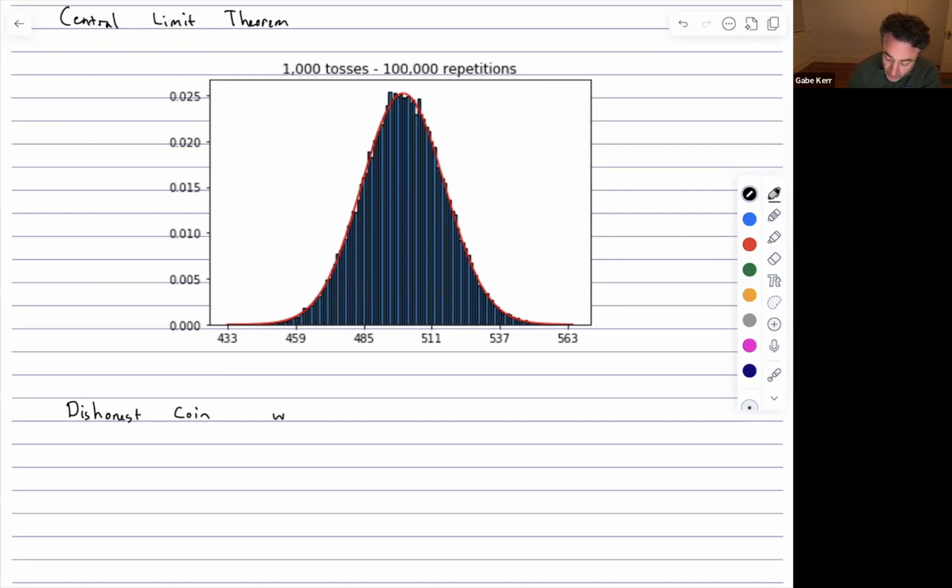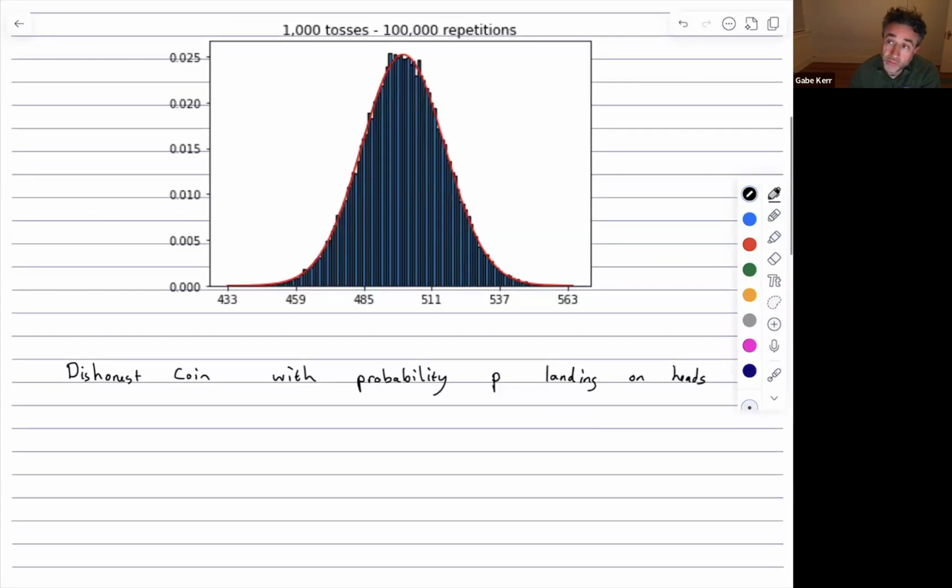So we'll say with probability P it lands on heads. And then we're going to set up a variable, or an experiment, if you will, which we'll call X. So what is X? X is going to equal the number of heads in n tosses of the coin.